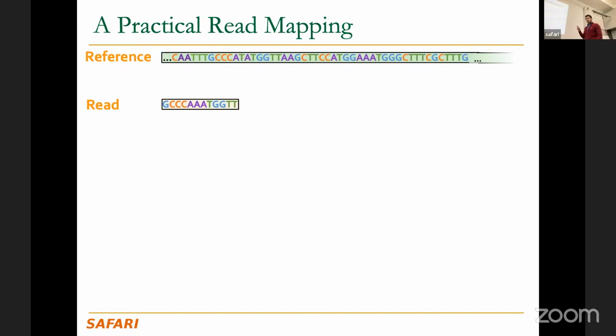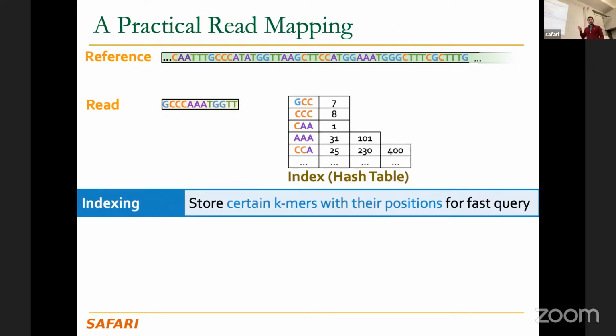And this is one practical example of how we map reads to our reference genome. In this case, we have a reference genome. This can be huge. In the case of the human genome, we have around 3 billion characters, and we have a fragment of DNA which we call a read from the high-throughput sequencing machine. And there are mainly 4 steps to map the read to a reference genome in a practical manner.